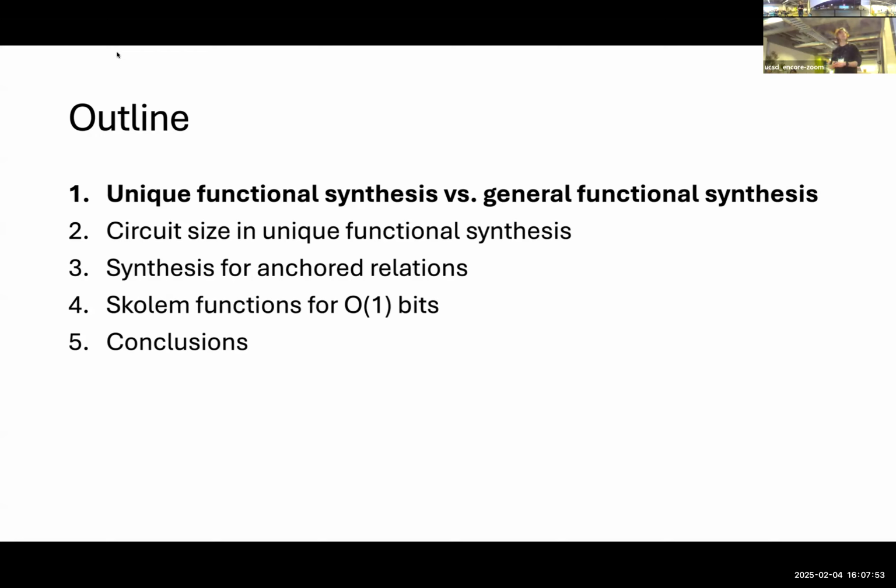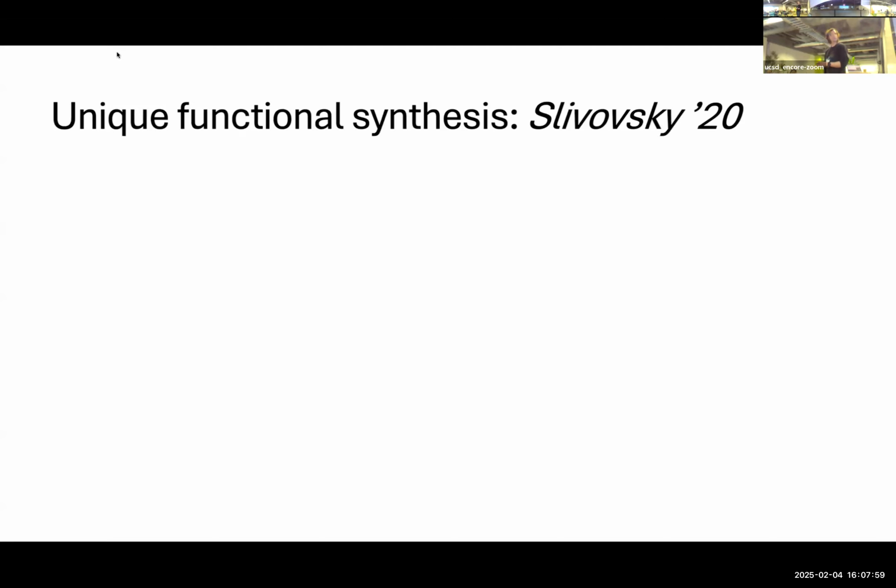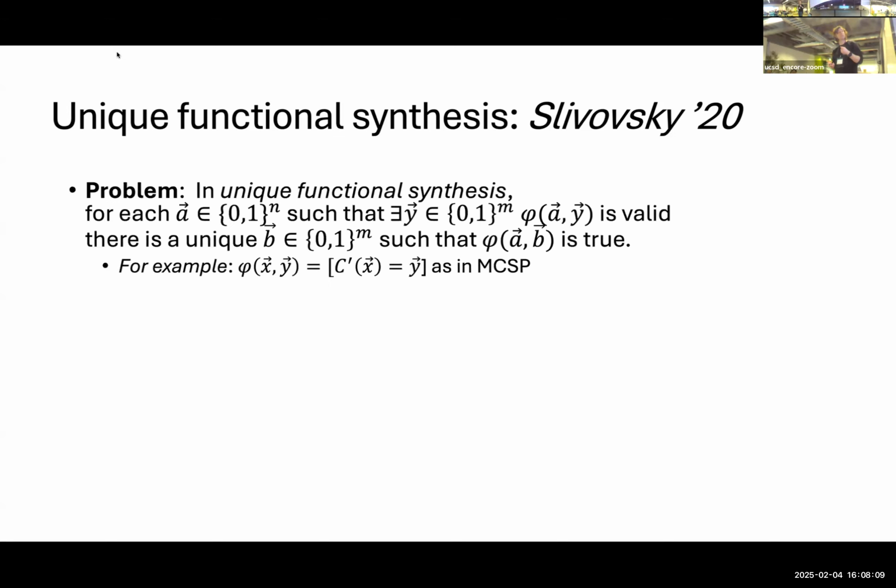So first of all, as motivation, I'm going to review some relatively recent work by Savovsky, which gives an approach for solving a unique functional synthesis problem in practice. Okay, so in unique functional synthesis, I'm promised that for every binding A, such that this is a valid formula so that the existential player has a move, that move is unique. Okay, and so like for MCSP, that specification, the output of the circuit was uniquely defined.